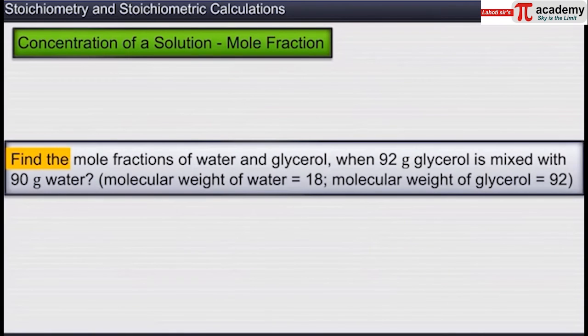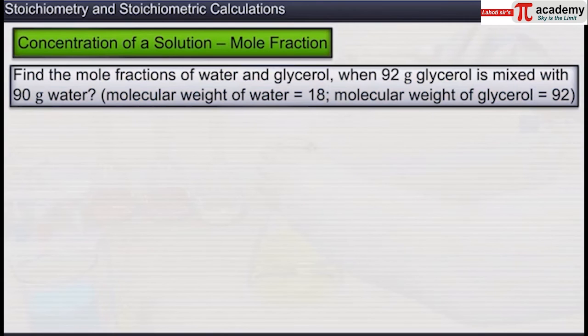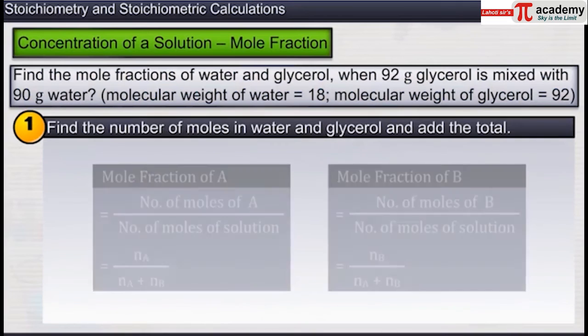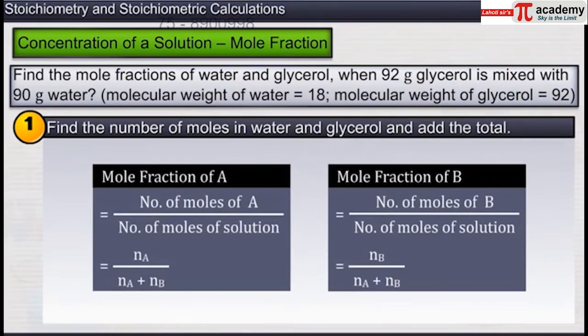Let's say we have to find the mole fractions of water and glycerol when 92 gram glycerol is mixed with 90 gram water, given that the molecular weight of water is 18 gram and the molecular weight of glycerol is 92 gram. To apply the mole fraction formula, we first need to find the number of moles in water and glycerol.